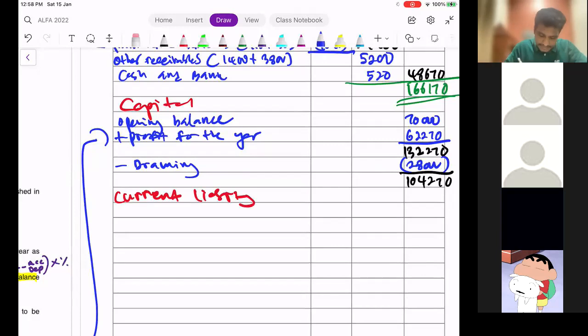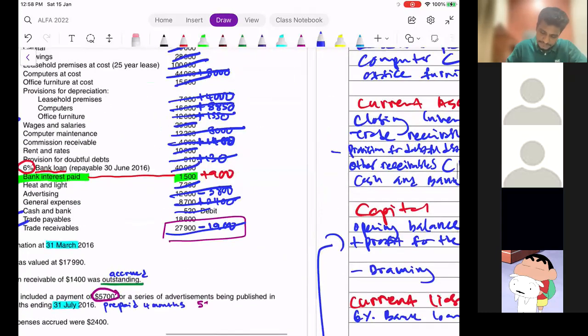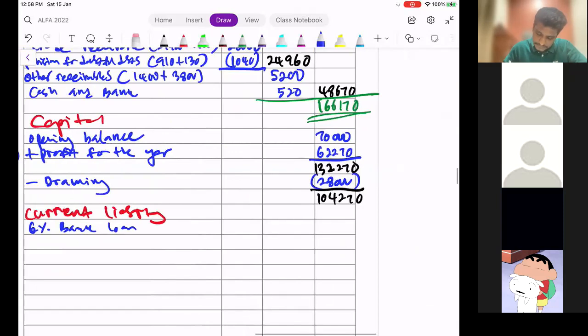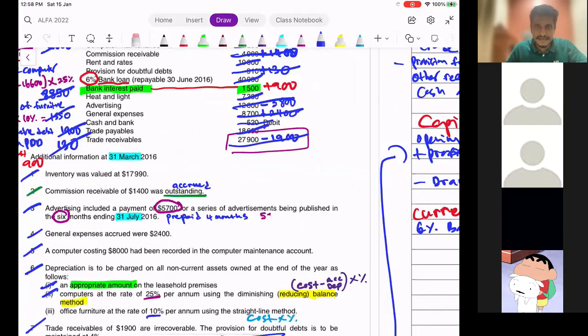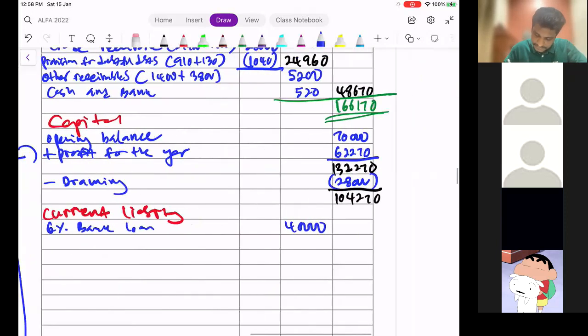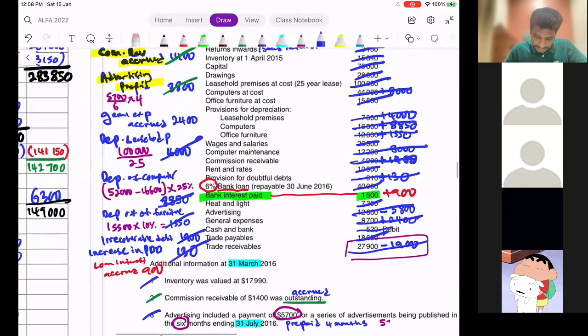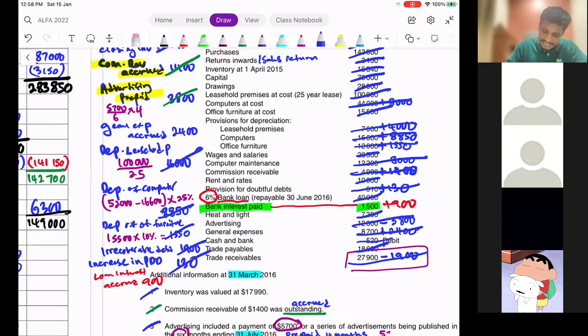And then the first current liability that we see just now, 6% bank loan. How much is the 6% bank loan? 40,000. Now, of course, we'll have a trade payable 18,600. Next one, do you have anything? Yes, I have general expenses accrued and loan interest accrued.